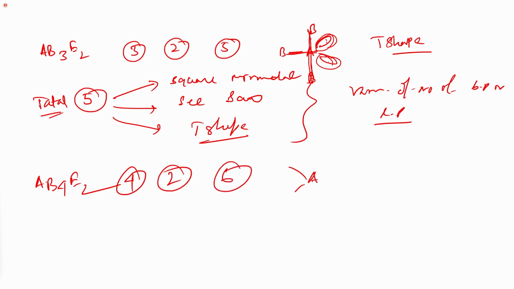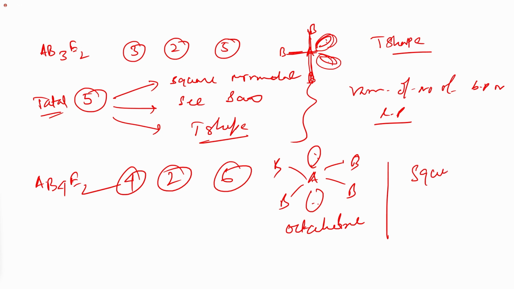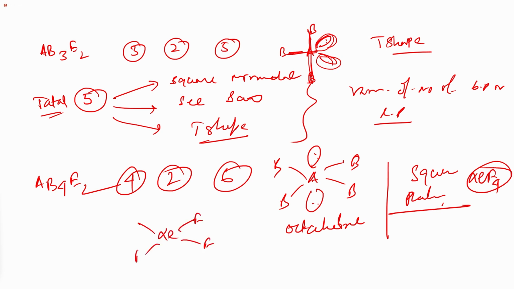So the structure will be like this, with the four B's, and the lone pairs will be in opposite positions. So the geometry is octahedral, but the shape is square planar if you eliminate these lone pairs and consider only the molecule. Like XeF4: this is xenon, these are the fluorines, and there are the lone pairs. So this is a structure and this is a shape.